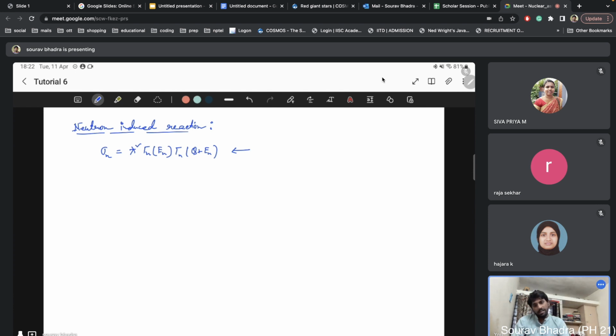The neutrons should have some thermal energy. They should not have very high energy, they should be slowed down so that they follow a Maxwell-Boltzmann distribution, and this slowdown mainly happens due to different types of scattering.